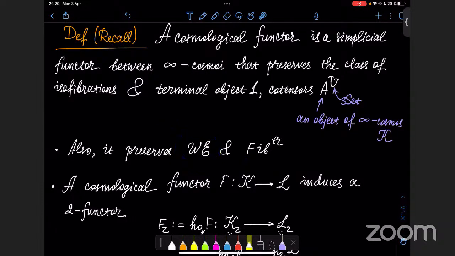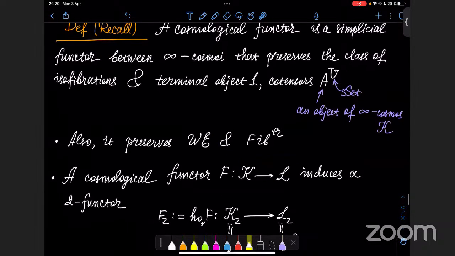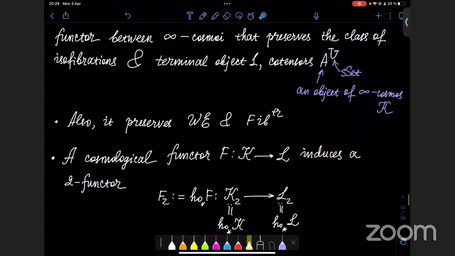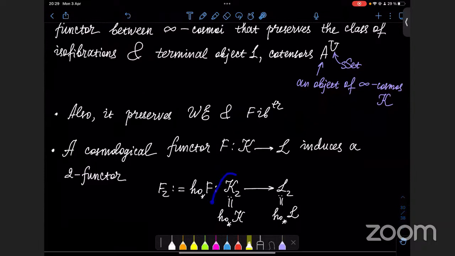Also a cosmological functor F induces a functor between homotopy categories.